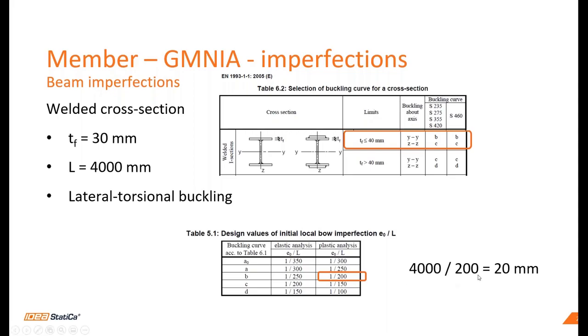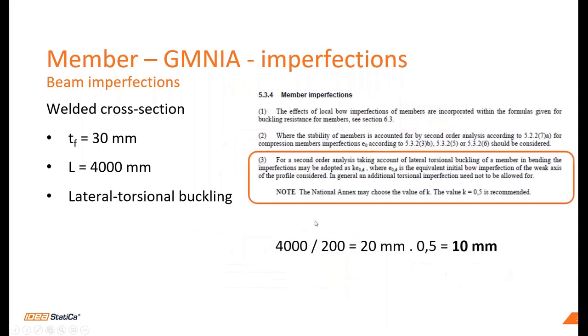And with the length of the beam, I can calculate 20 millimeters. But for the lateral torsional buckling, there is a recommendation to reduce the value with K factor. So I will multiply it, and I have 10 millimeters finally.